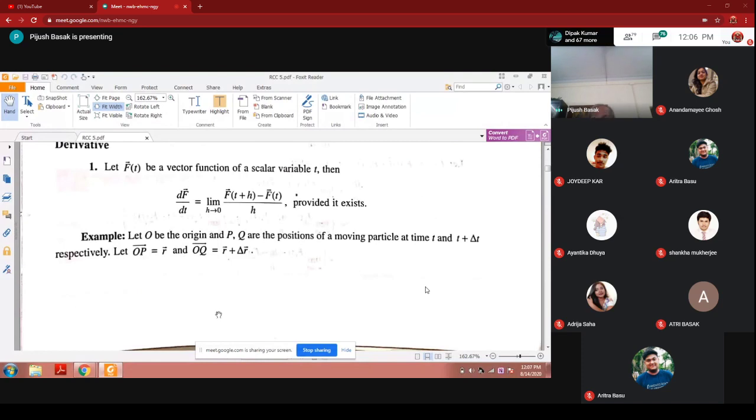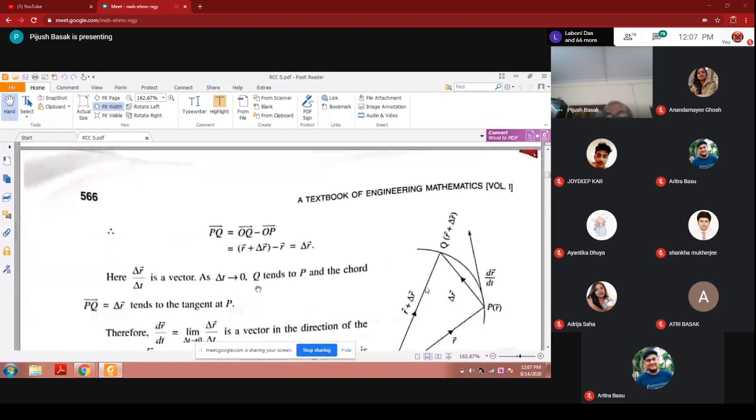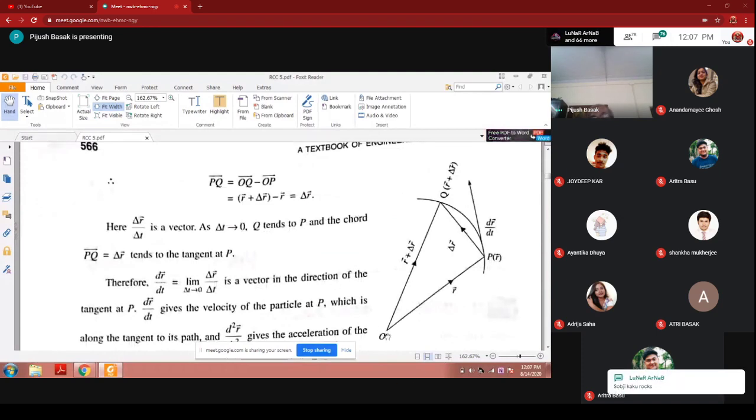An example, with a more elaborate picture. Let O be the origin, and P and Q are the positions of a moving vector at time t and t plus delta t. So let us see this picture. This is the origin in space. This is first the position of the point P, whose position vector is r. After some time the vector is OQ.